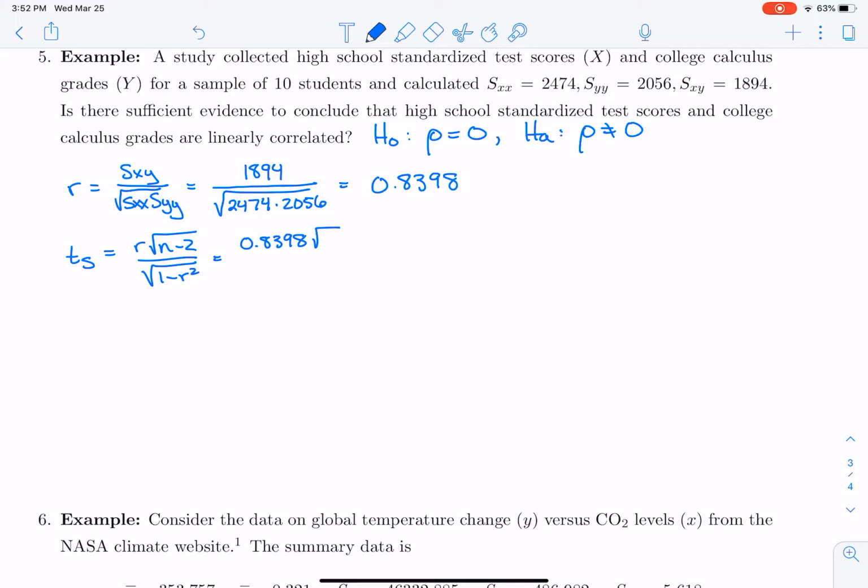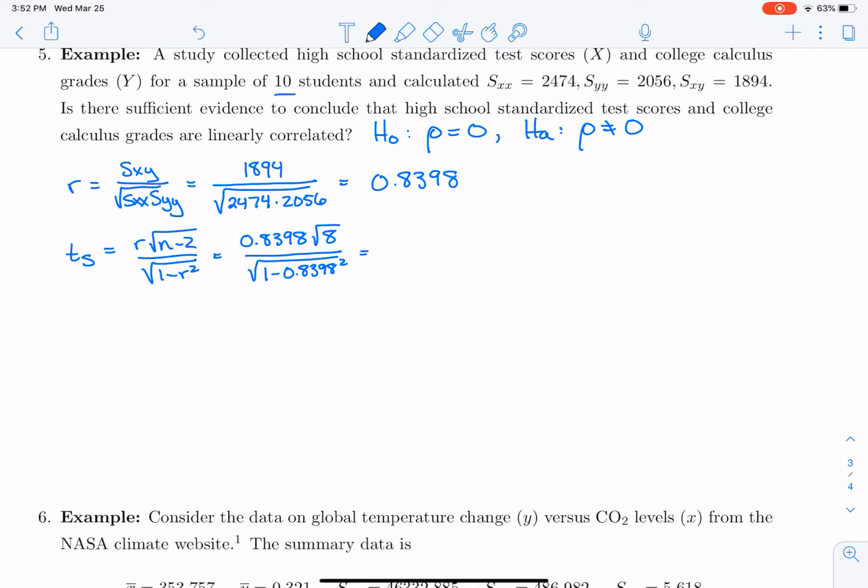There were 10 students, so that's going to be 8. I'm going to divide that by the square root of 1 minus 0.8398 squared. And if I work that out, that's going to be 4.375 with the degrees of freedom of 8.